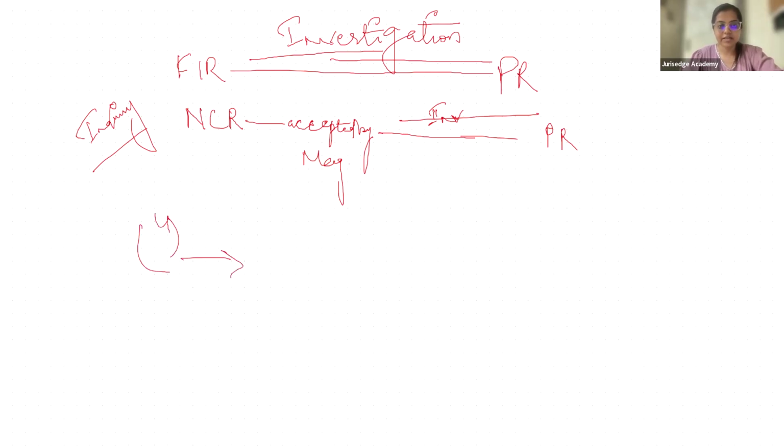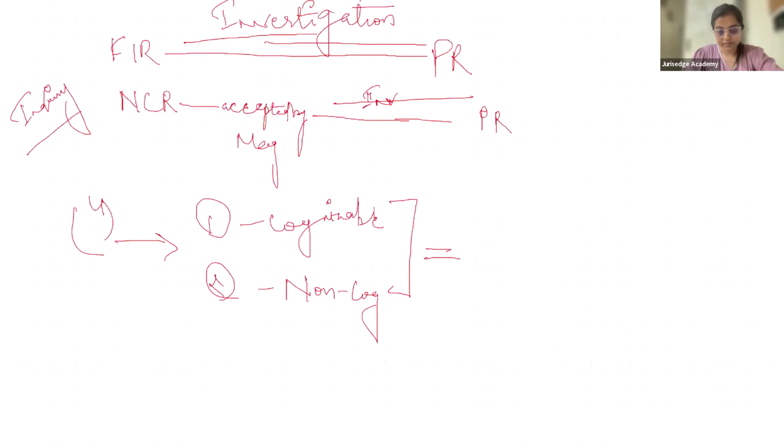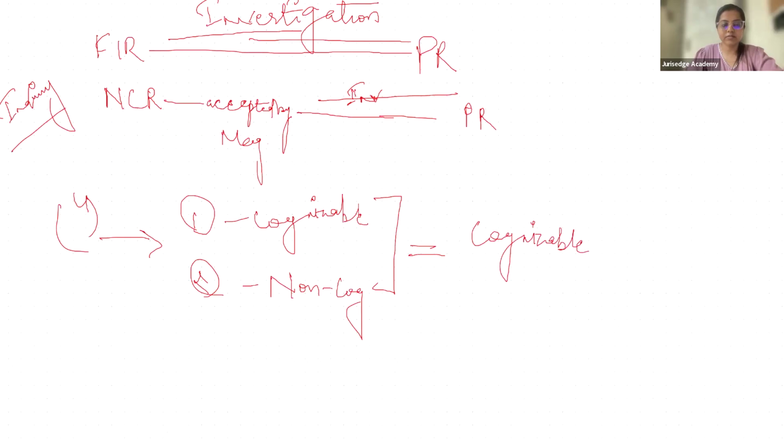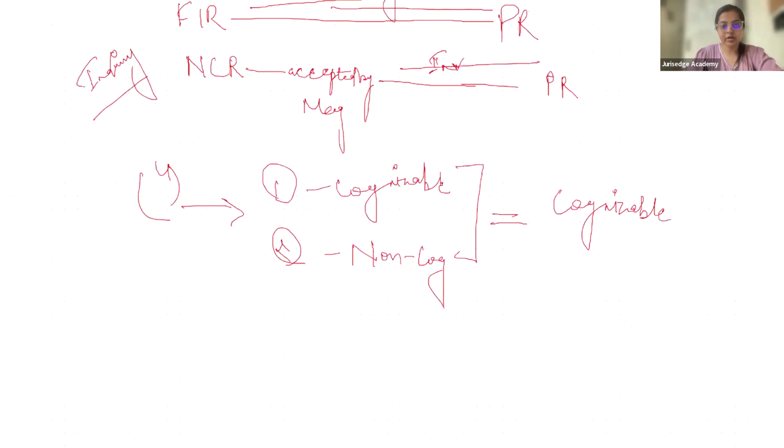If one case is cognizable and the other case is non-cognizable, what will the case be considered? Cognizable, ma'am. Yes. It is the last clause of the non-cognizable reports section.